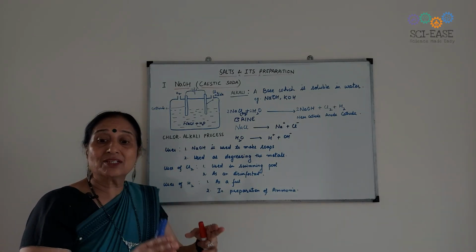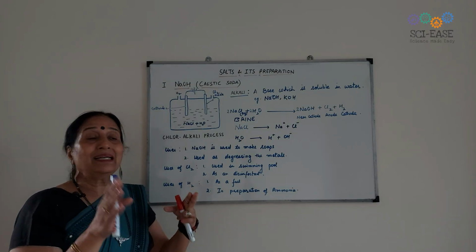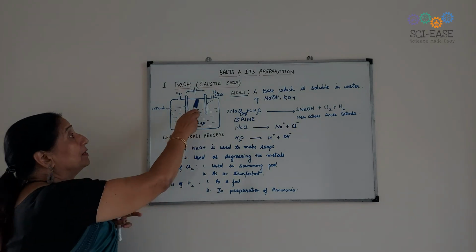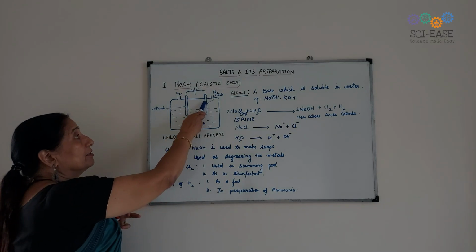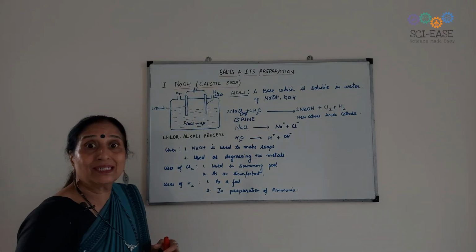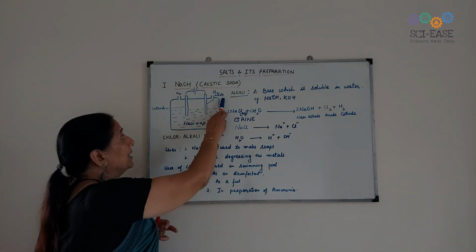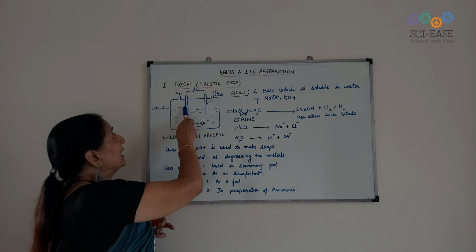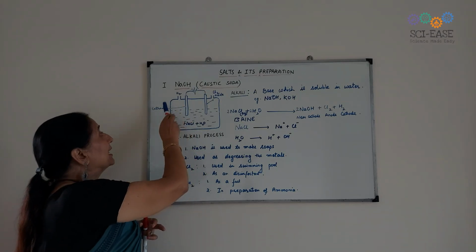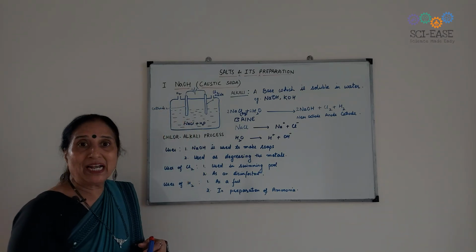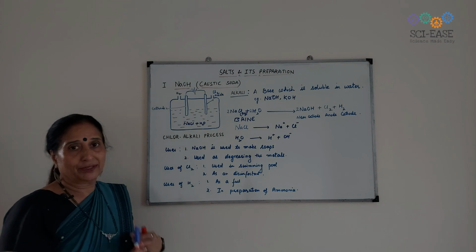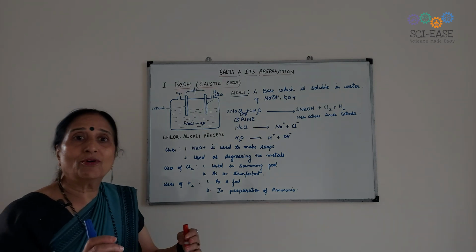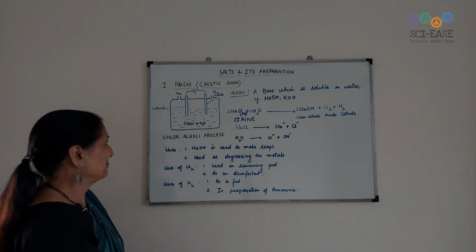You must remember this thing, that the electrode which is connected to the positive terminal of the battery is the anode, and the electrode which is connected to the negative terminal of the battery is known as cathode. So, what will be the result?